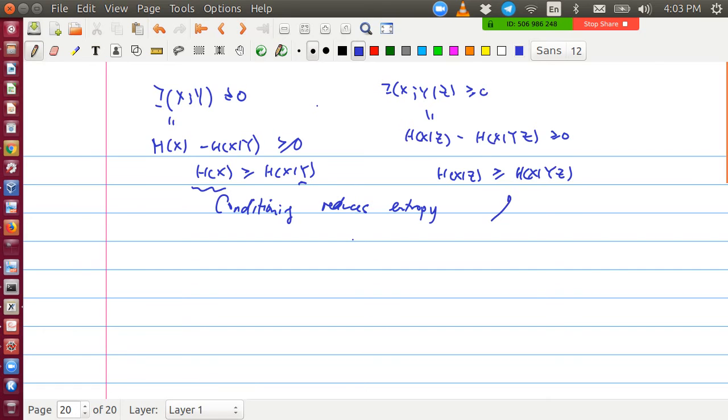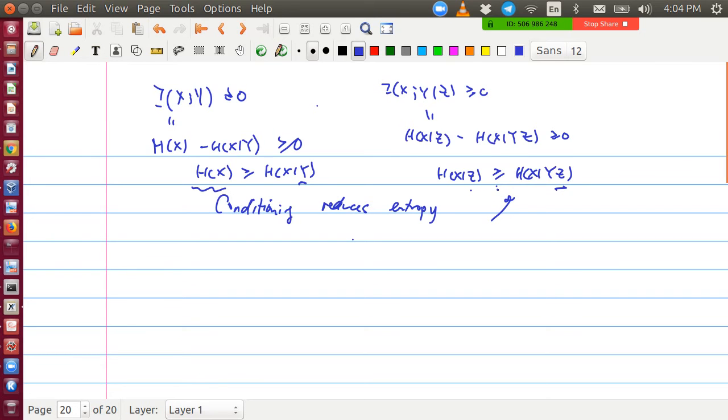So this is actually very natural. Whenever you are conditioning on something more, that means you know something more, and the entropy will always decrease.